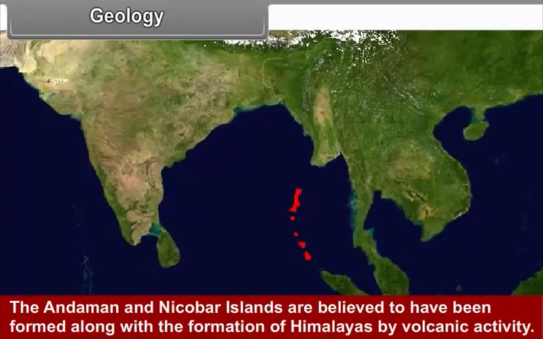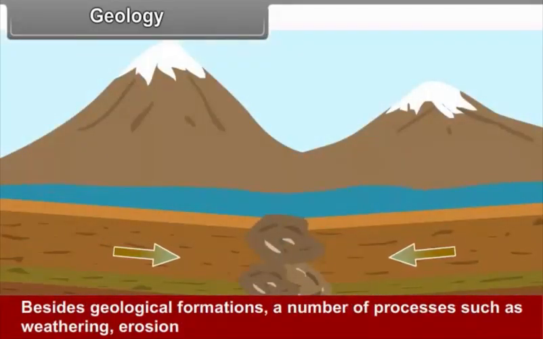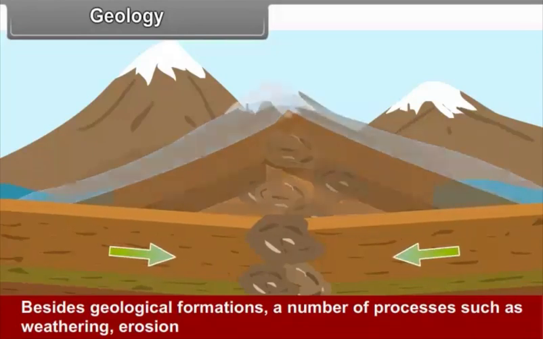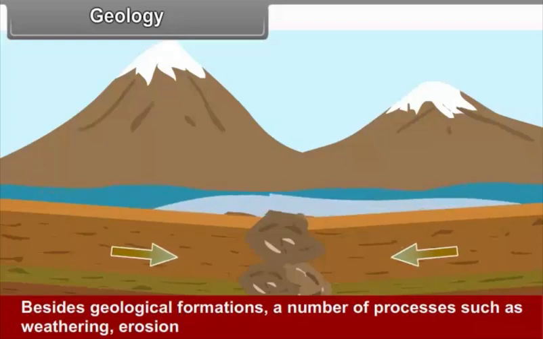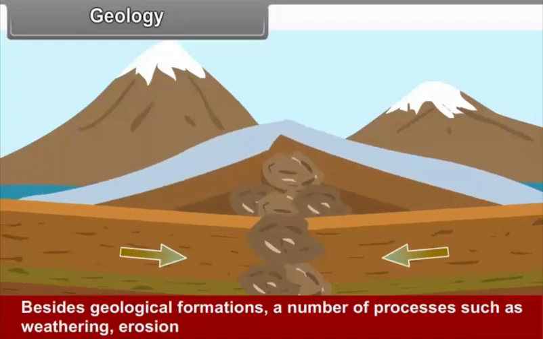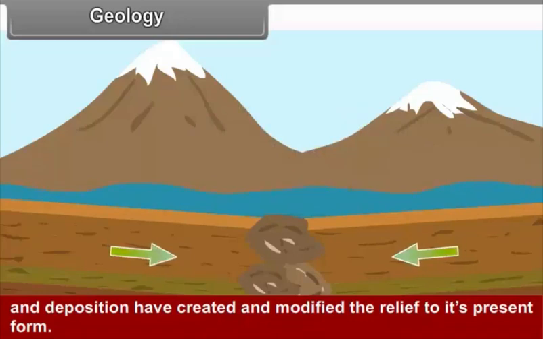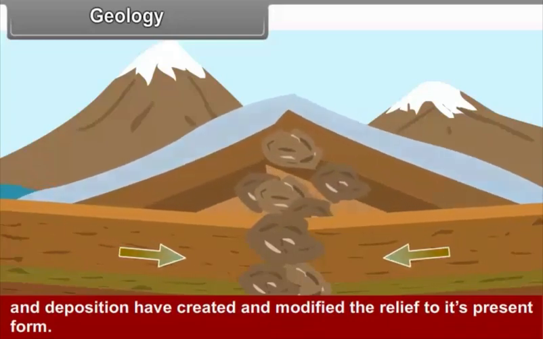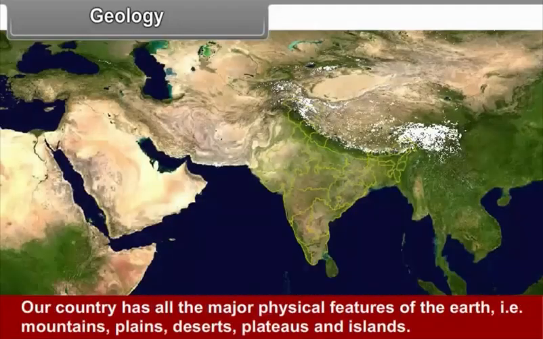The Andaman and Nicobar Islands are believed to have been formed along with the formation of Himalayas by volcanic activity. Besides geological formations, a number of processes such as weathering, erosion, and deposition have created and modified the relief to its present form.